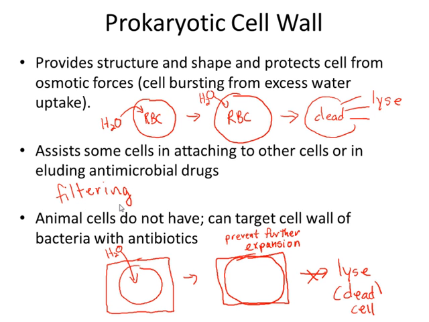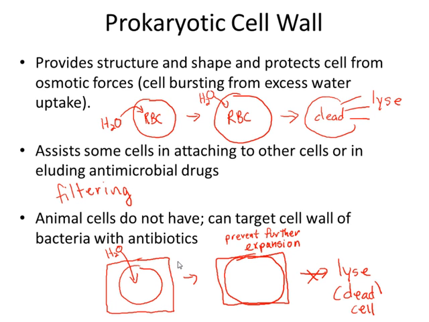Now, conversely, we can also use the cell wall as a target for antibiotics. And the answer to why is actually drawn on our slide. As we mentioned before, human cells lack a cell wall, whereas bacterial cells have a cell wall.